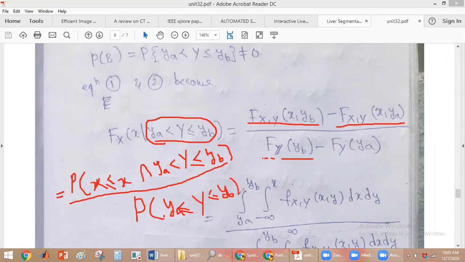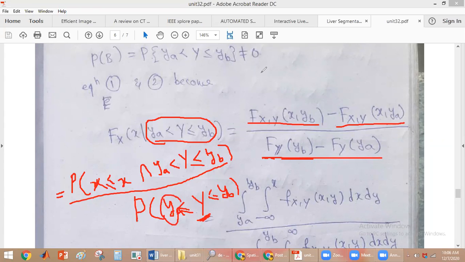So how do you write this? This can be written as Fxy of x comma yb minus Fxy of x comma ya, divided by Fy, because we have only Y. It is not a joint. Here it is only the distribution function, so it is Fy of yb minus Fy of ya. We got this from the properties.